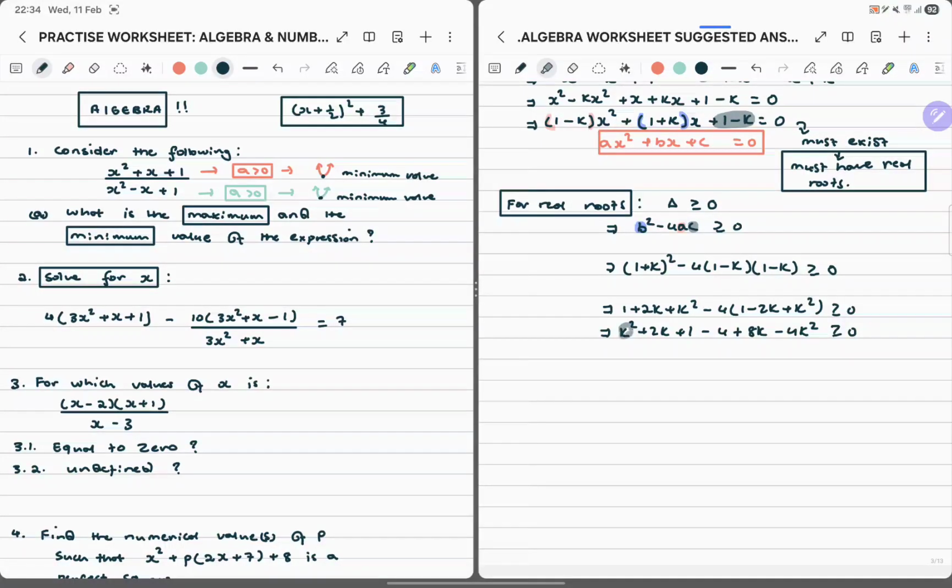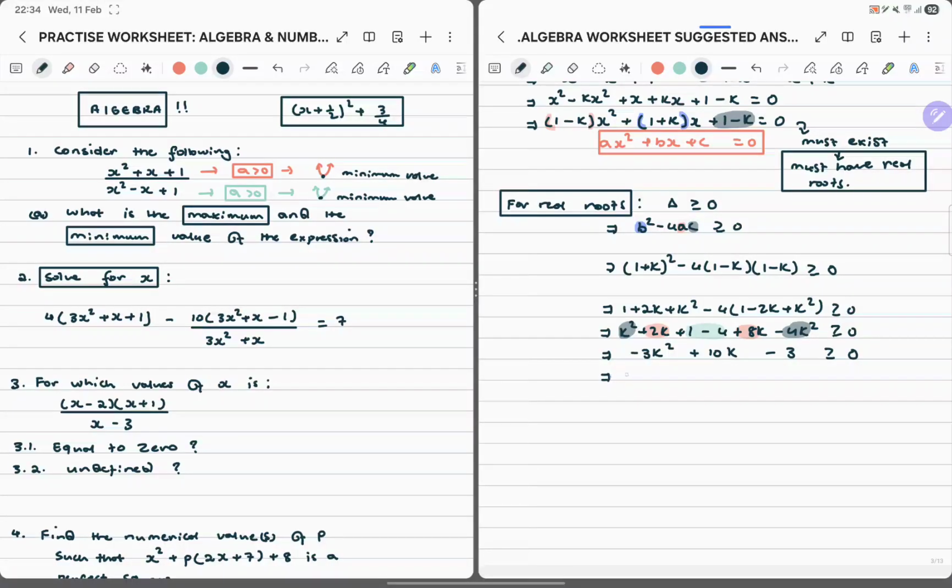Now we've got like terms, k squared minus 4k squared. What does this give us? It gives us minus 3k squared. Then we go on, plus 2k plus 8k, this is plus 10k. And then we've got these two giving us minus 3, greater than or equal to 0.